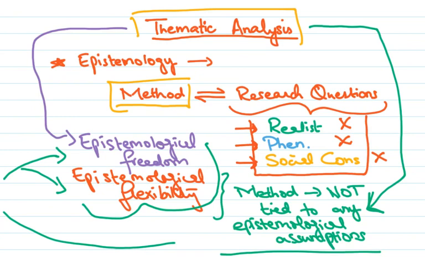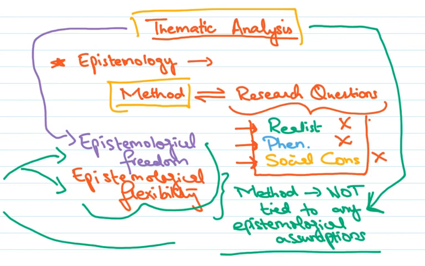If the method itself is not linked to any epistemological assumptions, does that mean that the research that you do using thematic analysis will also be free of any epistemology? It will not be realist or phenomenological or social constructionist? The answer to that is no.